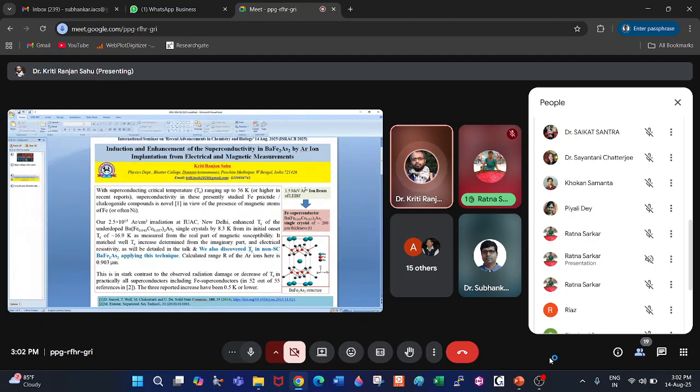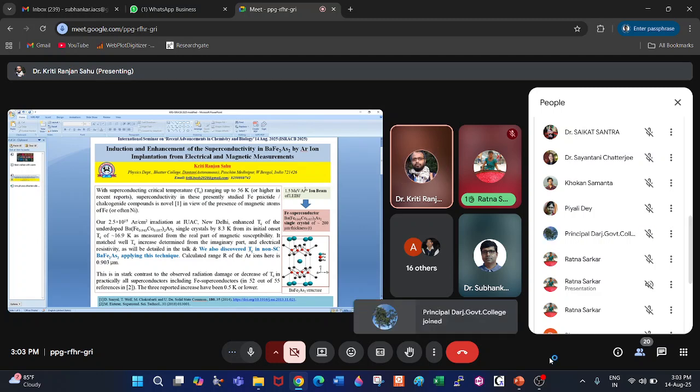Here we mainly focused on the TC change due to argon ion irradiation on the sample. The argon ion irradiation experiment has been done at IUAC New Delhi, and the TC change measurement has been done at the UGC DAE Consortium, Indore.